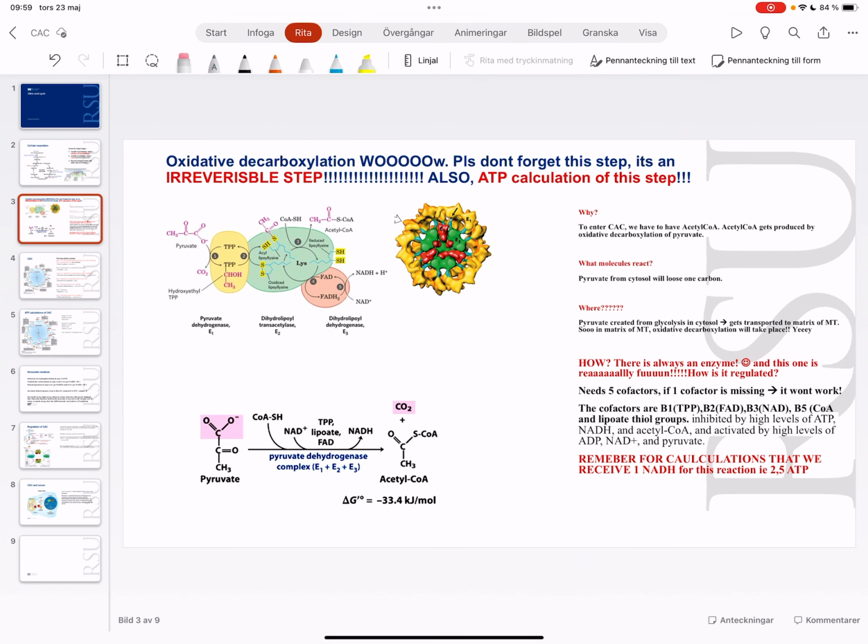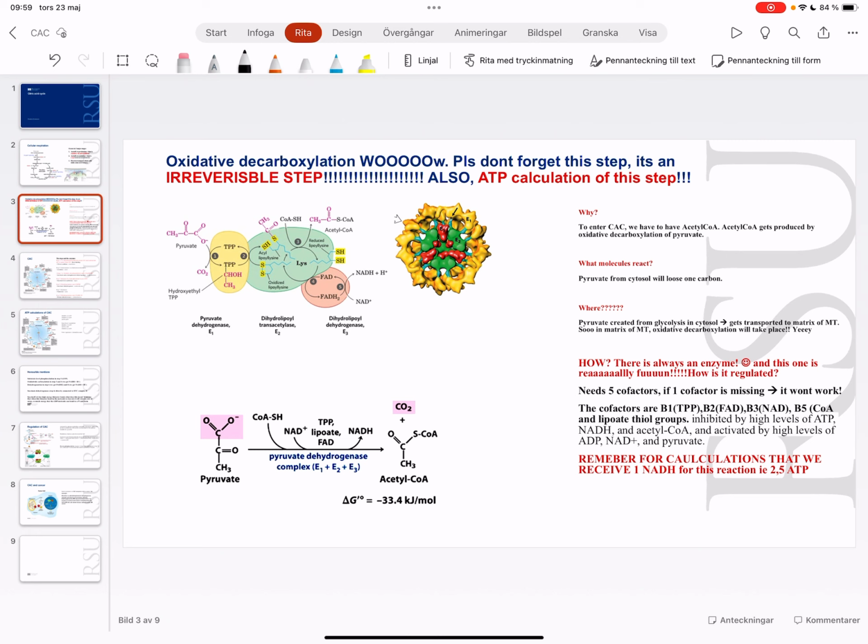Oxidative decarboxylation, which was the first step of cellular respiration. So don't forget, this step is an irreversible step. Also, there are some ATP calculations in this step. So why do we have oxidative decarboxylation? Because in order to enter the citric acid cycle, we have to have acetyl coenzyme A. We have to have it.